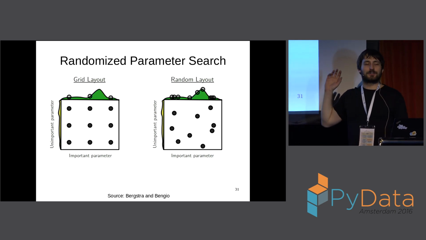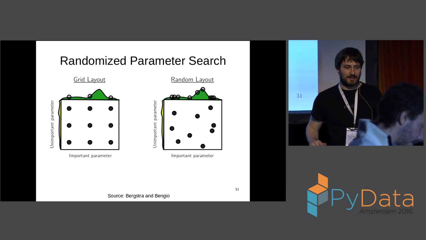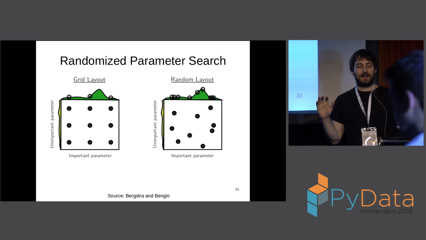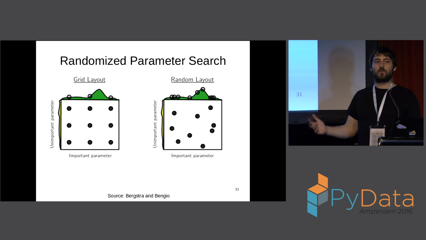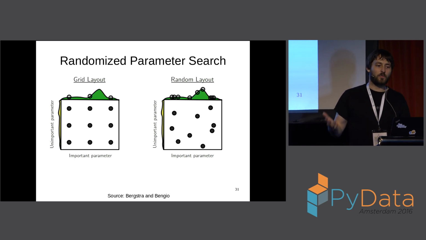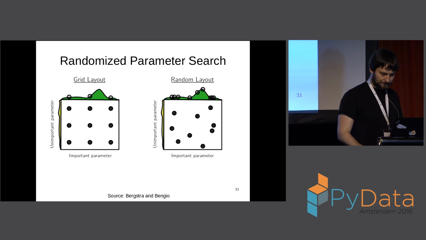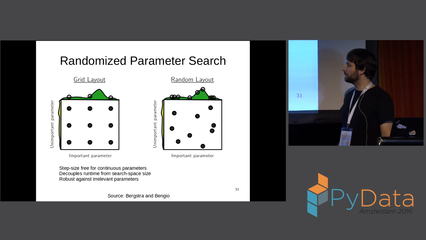For the same computational cost, you get a much higher resolution on the important parameter. So this works very well if you have a lot of parameters and you don't know which of them are important. And often in machine learning, you don't know what is really important on this data set, particularly if you have complex pipelines. So this randomized layout can really help.